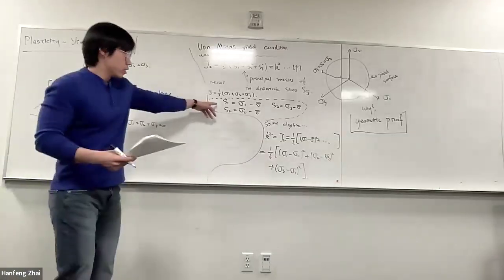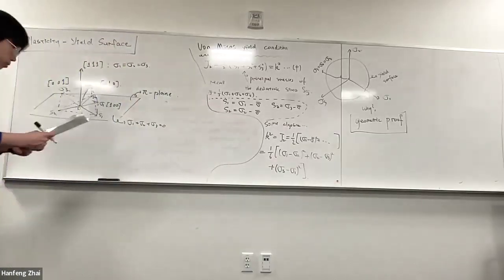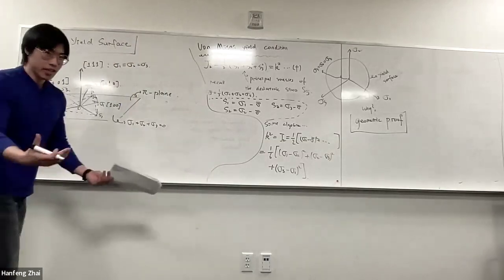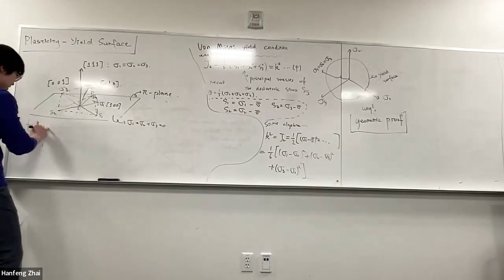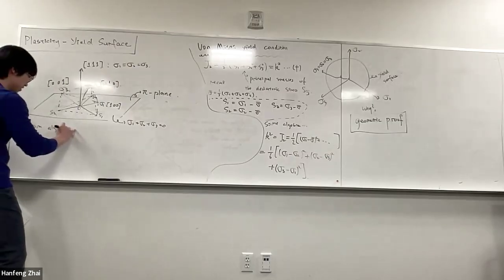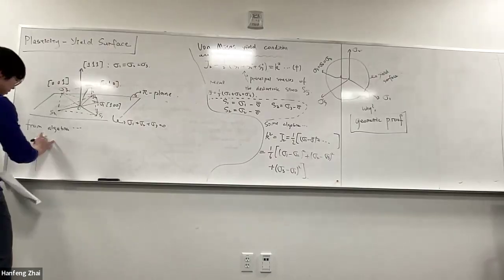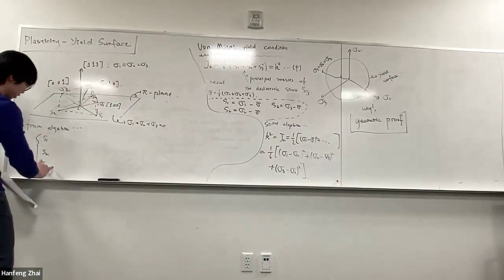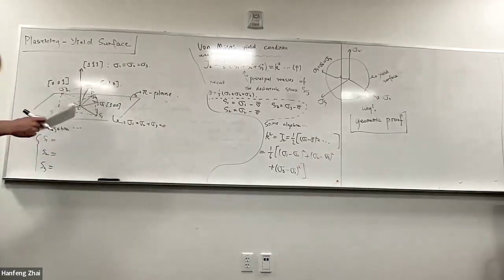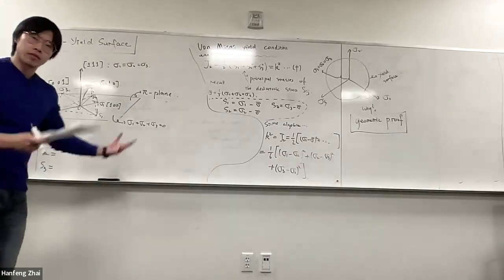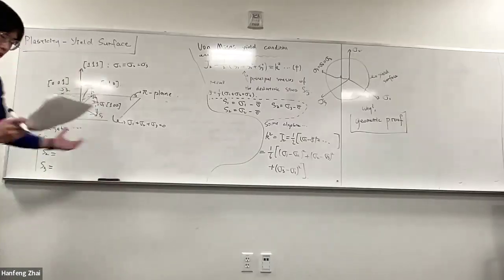And from the definition of S1, S2, S3, the three principal deviatoric stress components, my favorite term again, we're going to do some algebra, which I'm going to skip. From some algebra, what we get is S1, S2, and S3 can be written in the form of the three principal stress components, sigma 1, sigma 2, sigma 3.